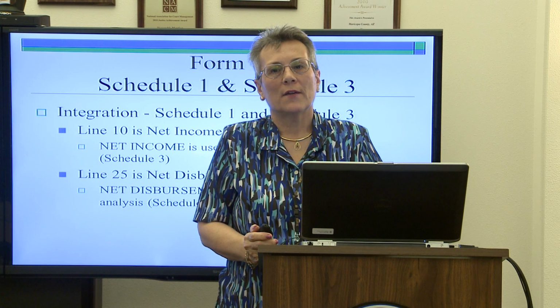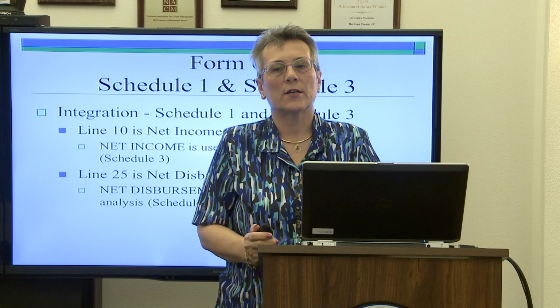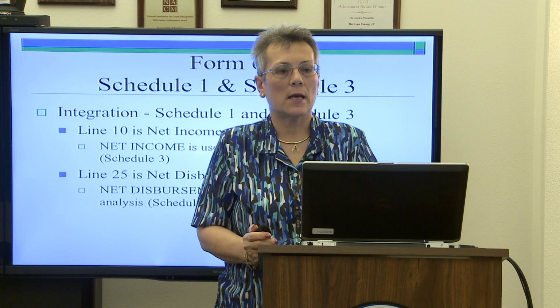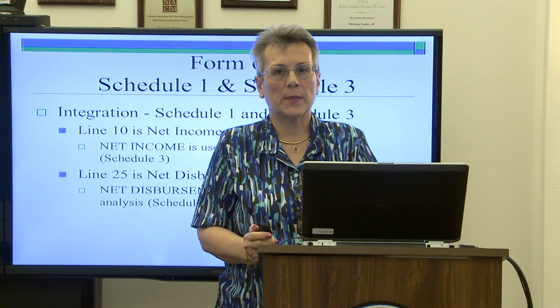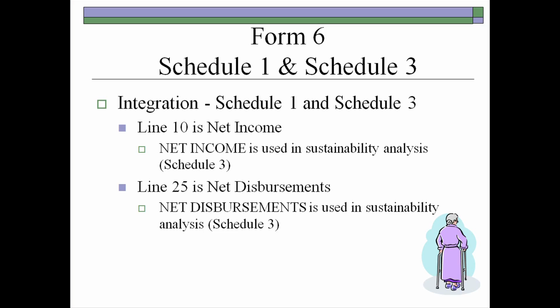The integration of Schedule 1 to Schedule 3 of the accounting is with the net income and the net disbursements. Net income from line 10, which is the amount represented if there were assets sold and removed from income on line 9. Line 10 represents that net income amount of the estate, and line 25 is the net disbursements.